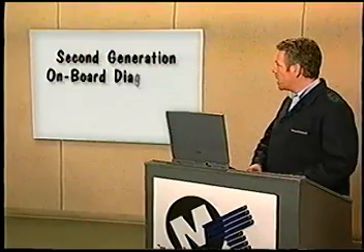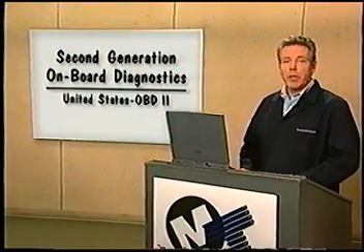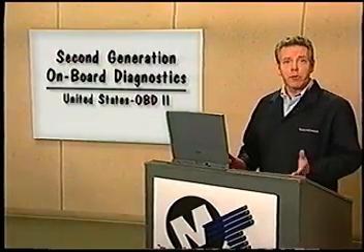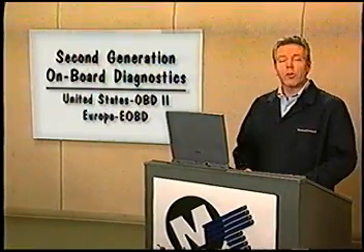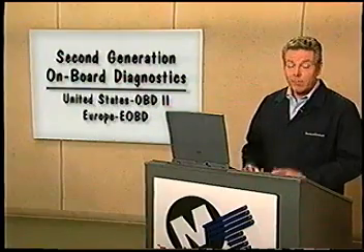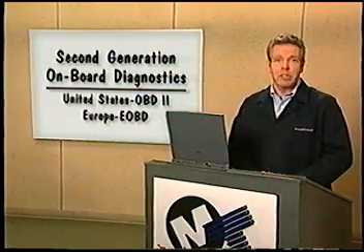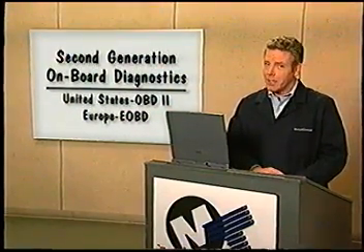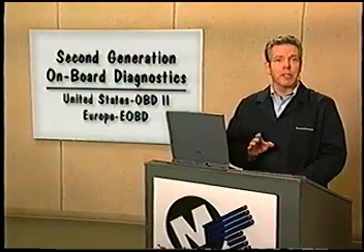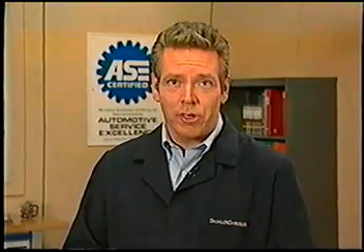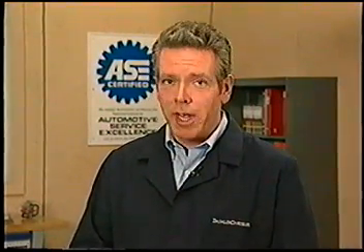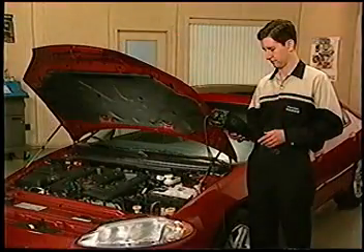For example, in the United States, the second generation of onboard diagnostics is referred to as OBD2. However, in Europe, it's called EOBD. While you're not likely to come across these differences during your diagnosis, it's a good idea to be familiar with the various systems and terms. Now let's take a closer look at the way onboard diagnostics works and the hardware changes that were necessary to accommodate it.